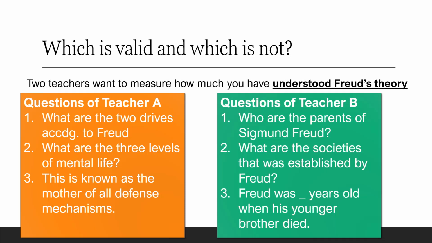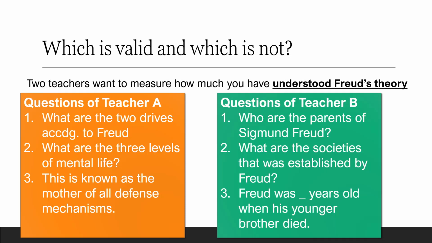If you are good in this subject, then you will be able to answer the questions of both teacher A and teacher B. Let's stick with teacher B. If you're good about Freud's biography, then you will consistently get a high score on the questions of teacher B. However, it does not necessarily mean that teacher B was able to measure your understanding of Freud's theory. Okay, that is an example of a test that is reliable but not valid.